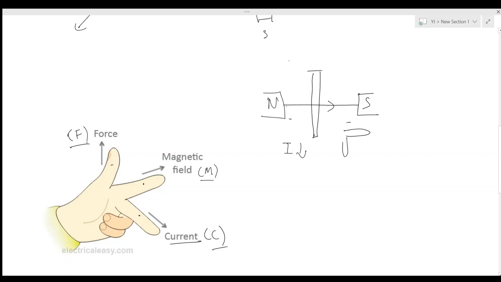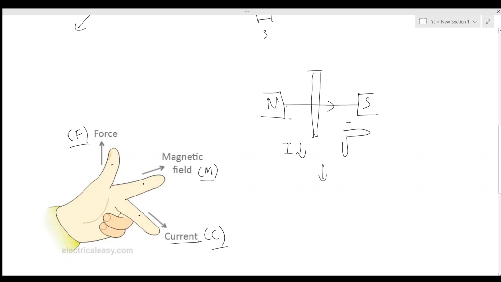So it points in this direction. I can't draw this on a 2D plane, but basically, if you have done this right, your thumb should be pointing towards you. So in this case, the force would be exerted out of the plane. Basically, the force would be exerted towards you.